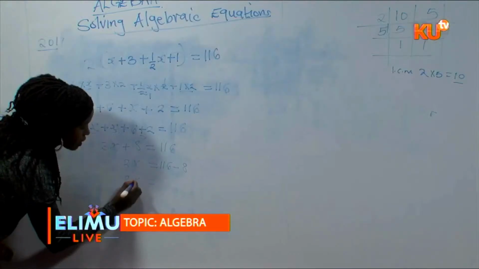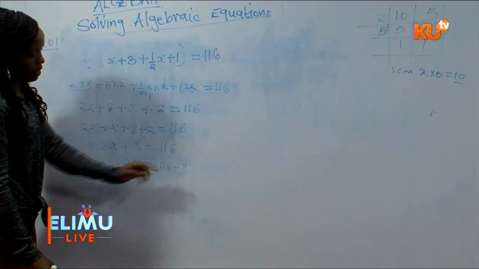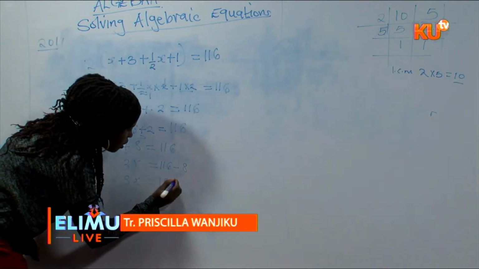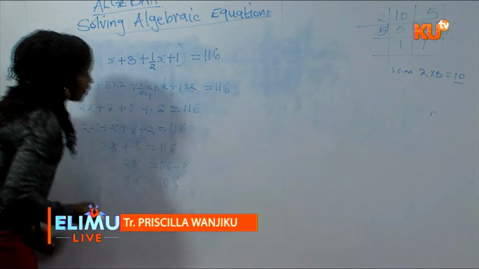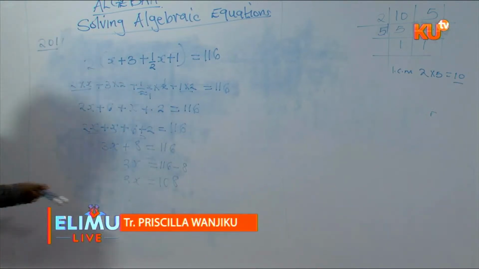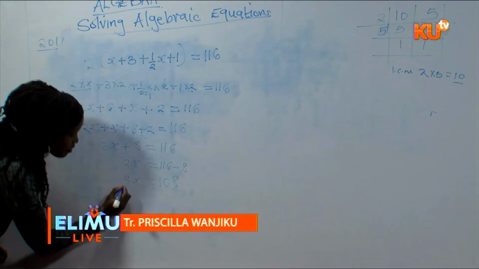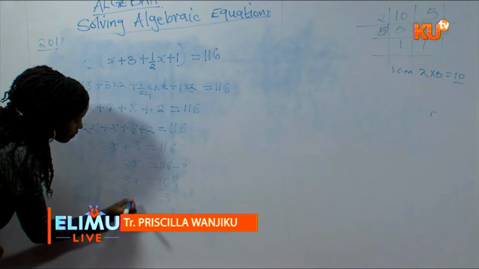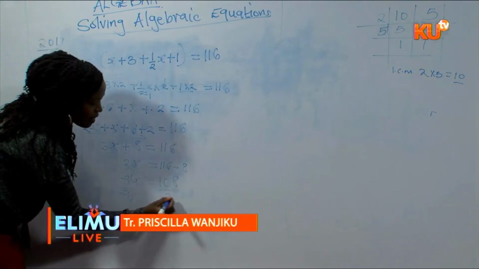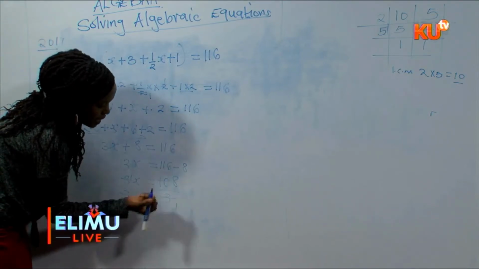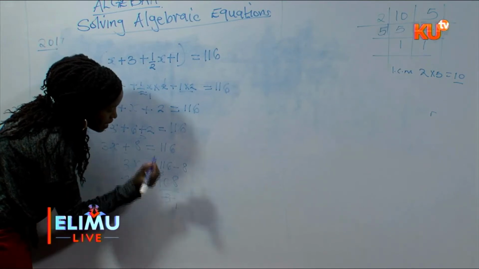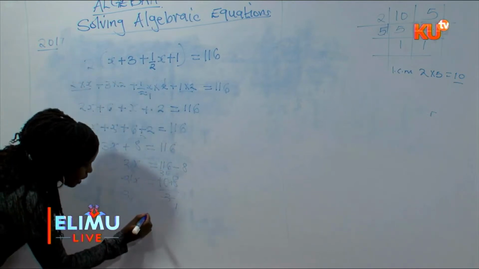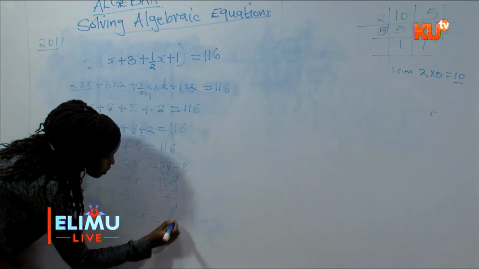So 3x is equal to 116 minus 8. I get 108. After I get the 108, now we get the value of x by dividing both sides by 3. By 3, 1. By 3, 9 because of 3, remainder 1, 18 because of 6. So x is equal to 36.